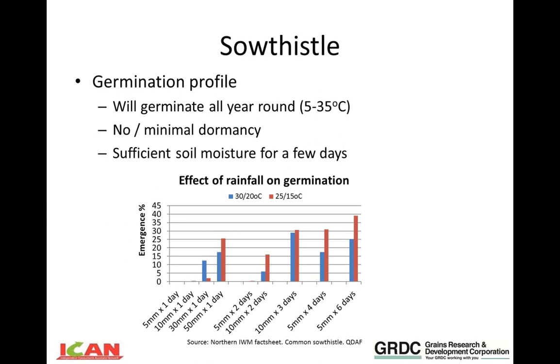From looking at that chart, you can see that at least 30 millimetres of rainfall was really needed in either a single or in consecutive events to result in significant germination. So the message there is that a reasonable level of soil moisture is needed for germination to occur. And you'll also see that although there was a preference for the cooler temperature regime, germination did occur at both temperature regimes. So the take-home message there is that provided the soil is moist, seeds will germinate at a wide range of temperatures. So we can go to the next slide now.